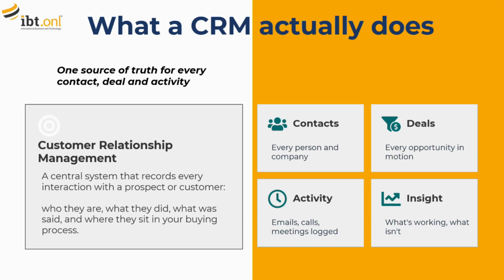Activity is how you're engaging in a marketing way. Have they downloaded something? Is it an email? Is there a call? Have you logged that meeting? And then insight, that's the layer which tells you about data flow, what's actually working, what's happening. Did they click on that one and open it, or did they ignore that one?